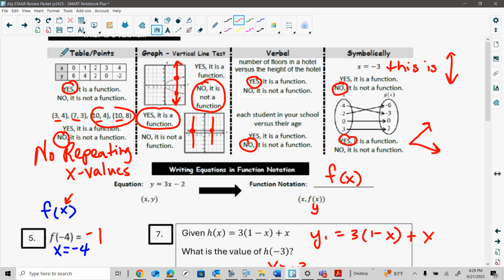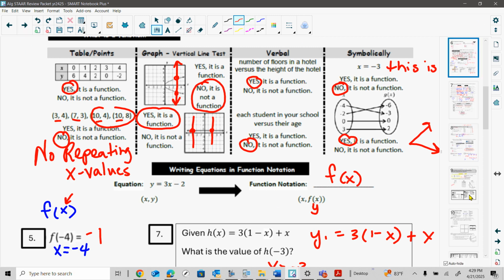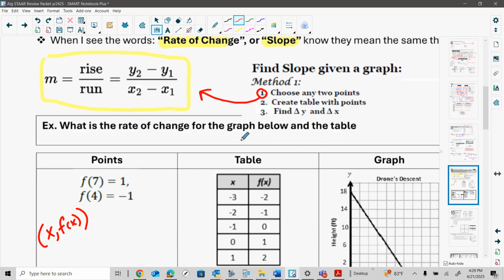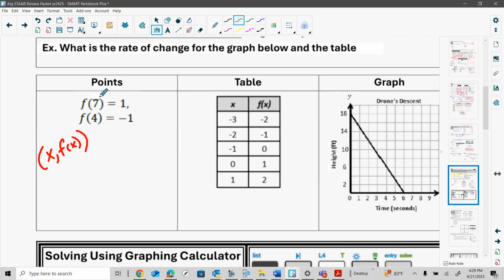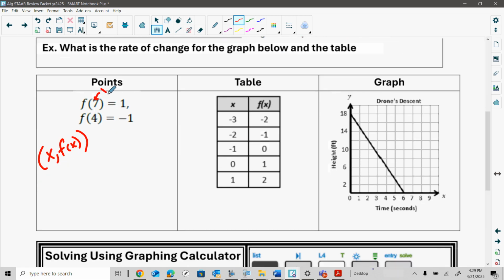Yeah, right here, x comma f of x. And we have to remember your f of x is the same as your y. So let me go back to where we are. We're going to write this as an ordered pair, because what's inside the parentheses is the x, and what it equals is y.